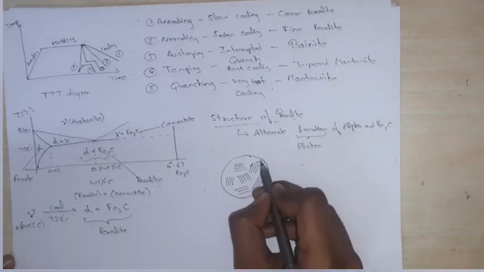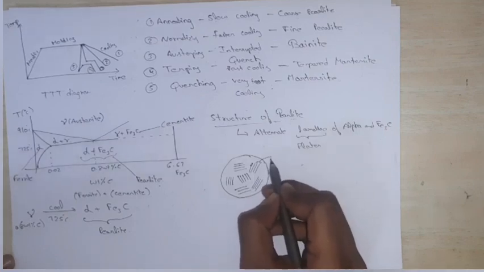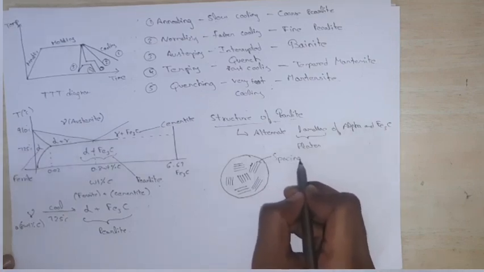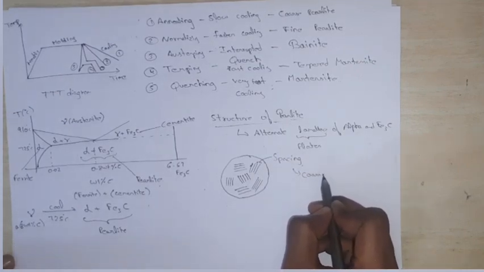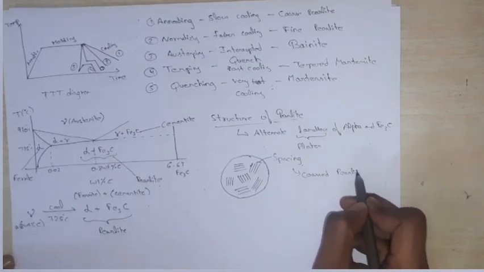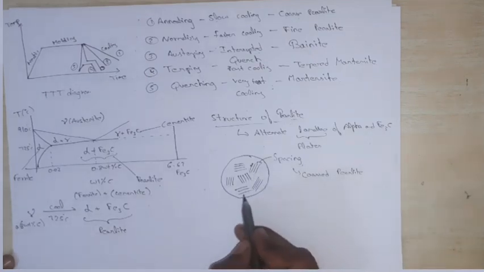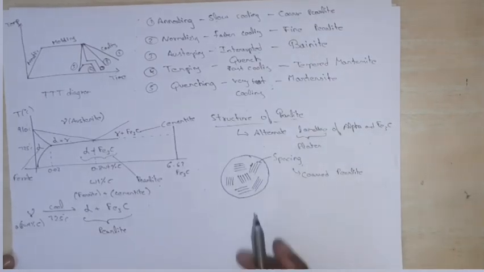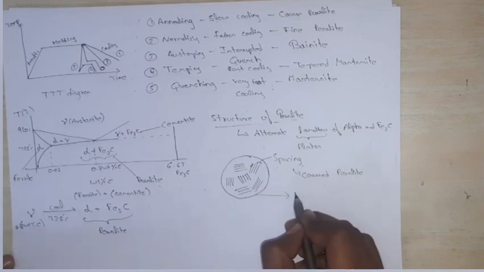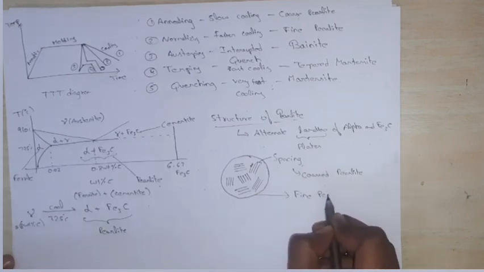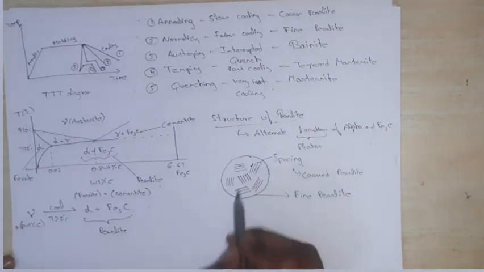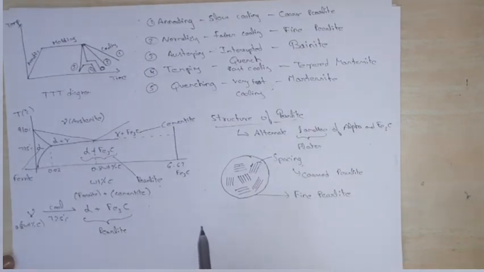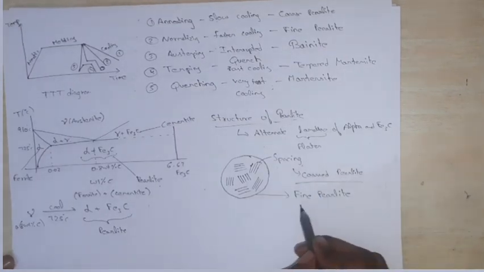The distance between these plates is generally called spacing. Whenever the spacing is more, it is called coarse perlite, and whenever the spacing is very small, meaning the plates are at a closer distance, the structure is called fine perlite. So it depends on the spacing. For slow cooling we get coarse perlite, and for faster cooling we get fine perlite.